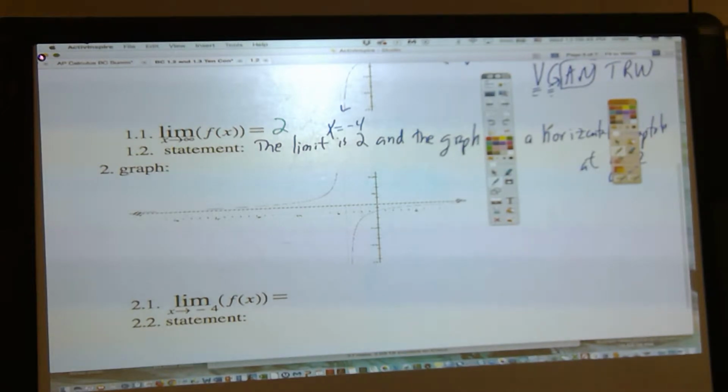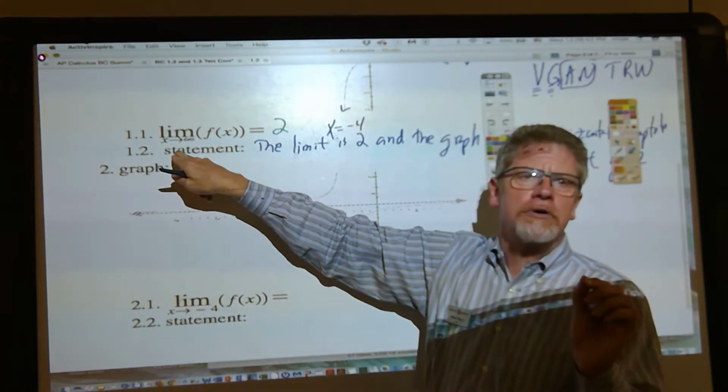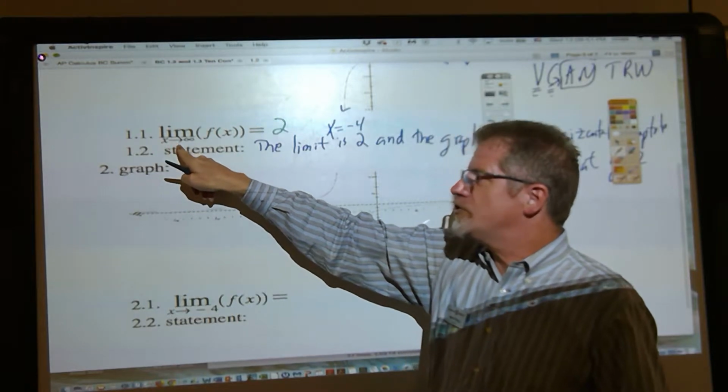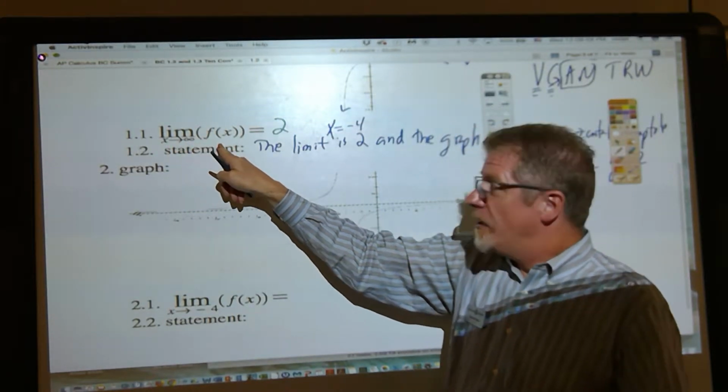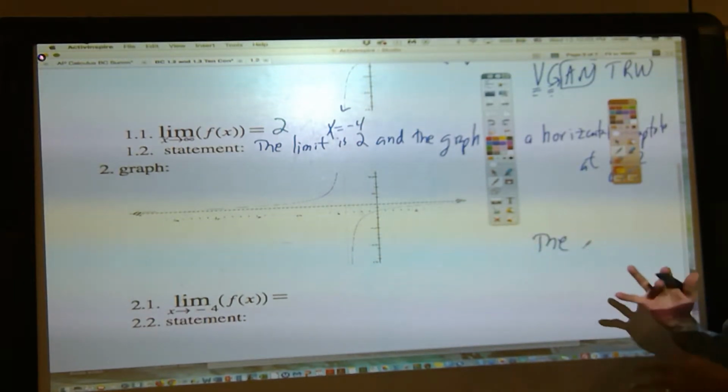Okay, so we're just beginning to develop our understanding here. But to put the V in vegan tomorrow, when I say go, would all of you please say out loud and in unison, the limit as x approaches infinity of f of x is 2. And people struggle with the words.